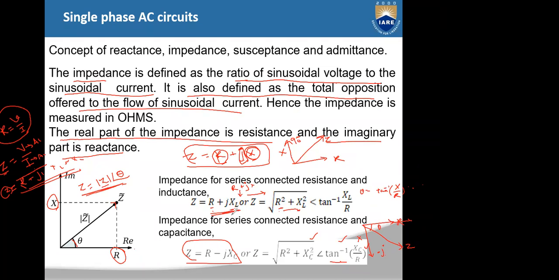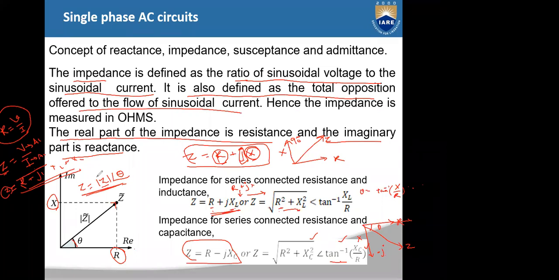In AC circuits, you can say it is the ratio of sinusoidal voltage to current, or else it is the opposition offered by resistive elements as well as the inductive or capacitive elements.